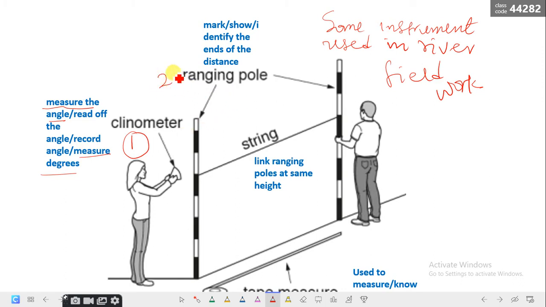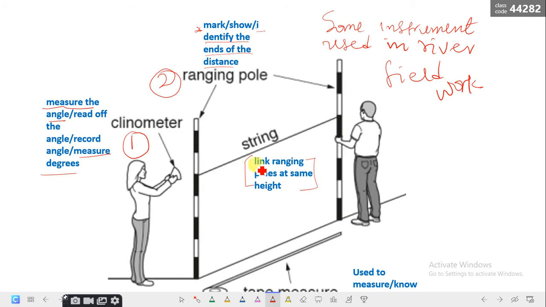The second instrument is the ranging pole. Here we have two ranging poles, and the ranging pole is used to mark and identify the end of the distance that you want to measure, or the break of slope. Then here is a string. A string helps to link the ranging poles together.